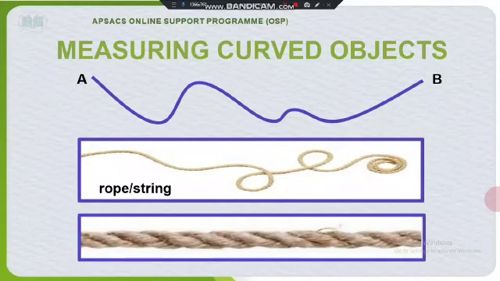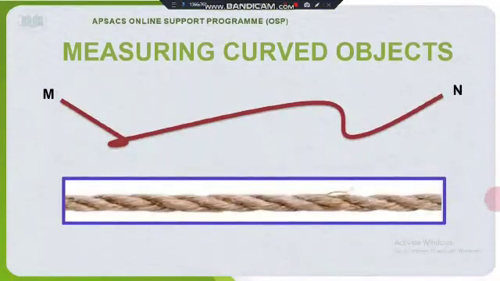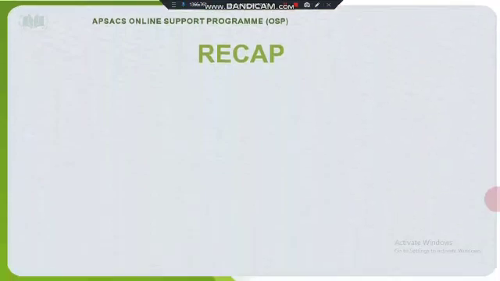So to measure curved objects, we use rope or string. We put the string or rope on the curved line according to its shape, and then we straighten it, and after straightening we put the rope on the scale and then we find out the length. I hope you have understood.